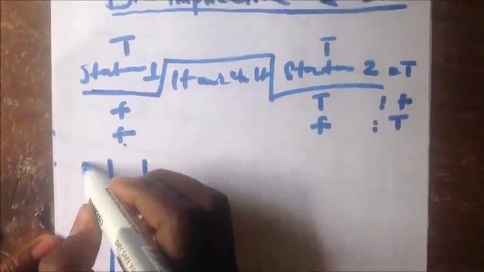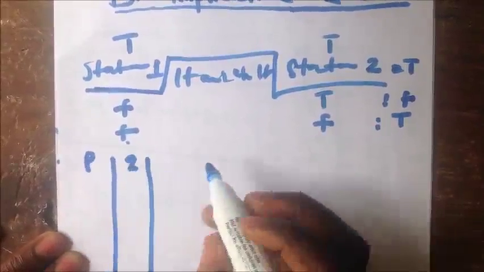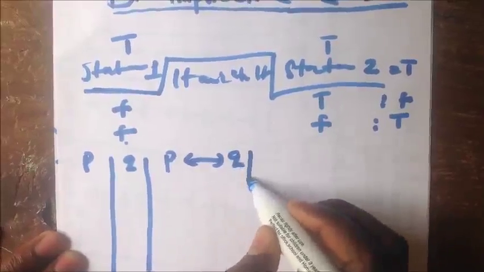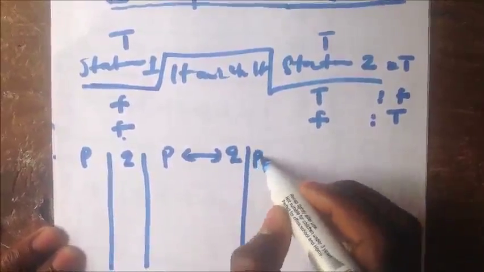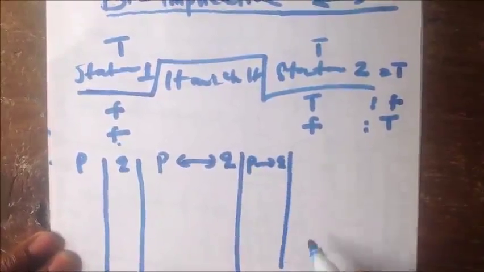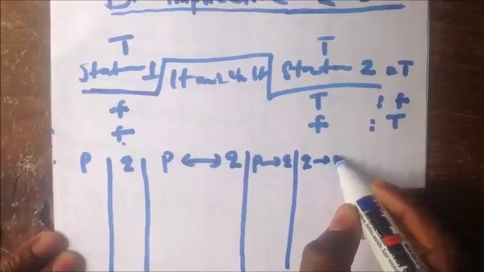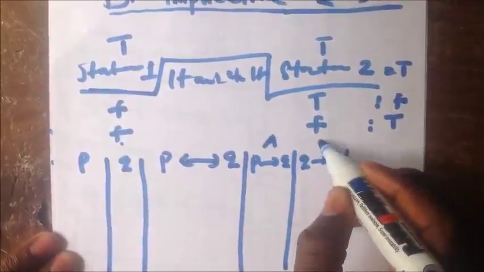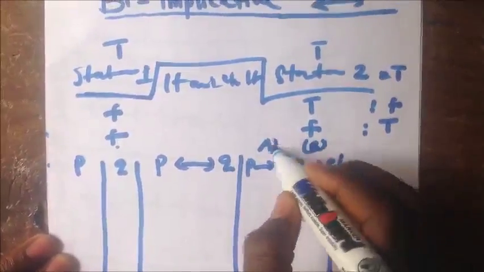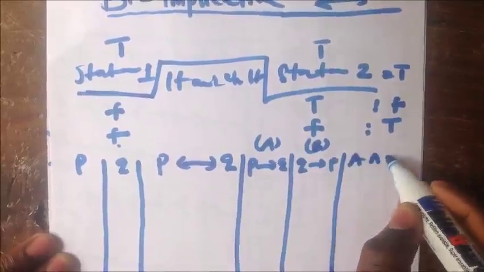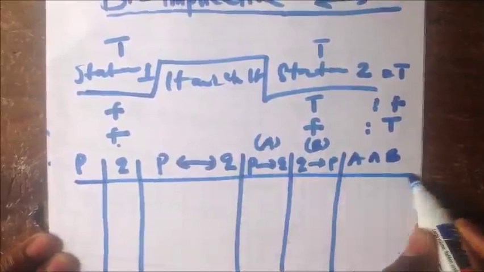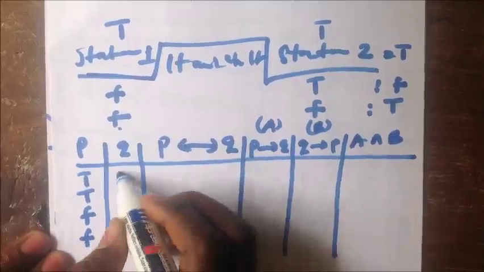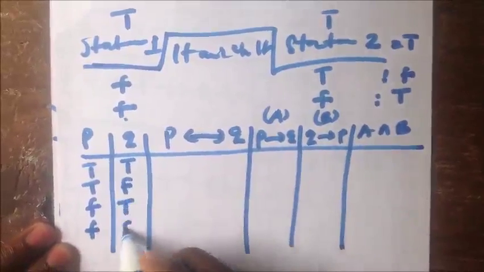We have P, Q, then P if and only if Q, then P implies Q, and Q implies P. Maybe I can call this place A and this place B, meaning A and B to be D. So now, P is true, true, false, false, and Q is true, false, true, false.